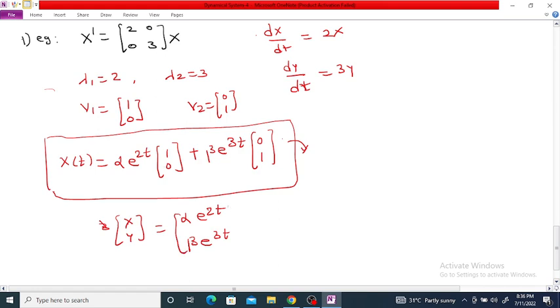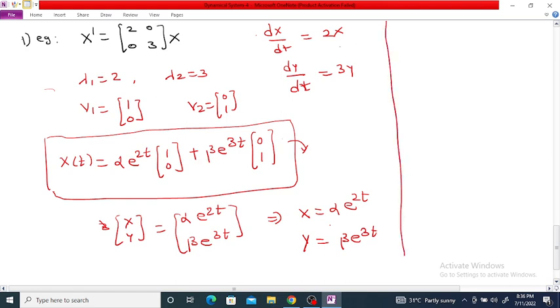If we simplify these two equations, this implies x is equal to alpha e raised to 2t and y is equal to beta e raised to 3t. So now these x and y satisfy this equation.